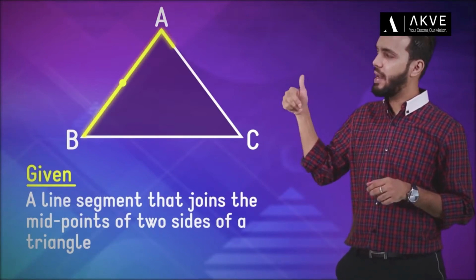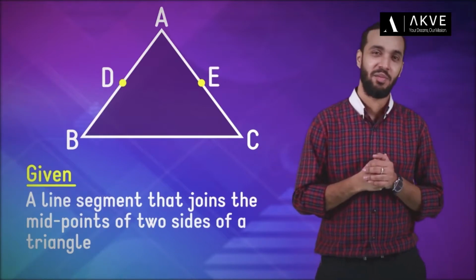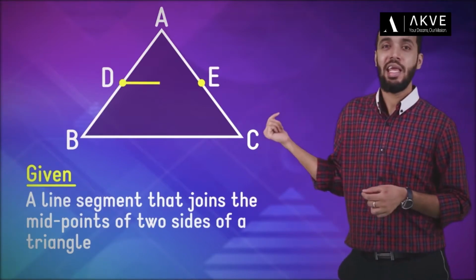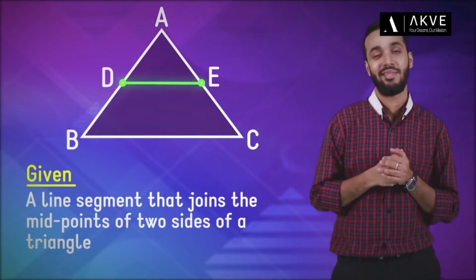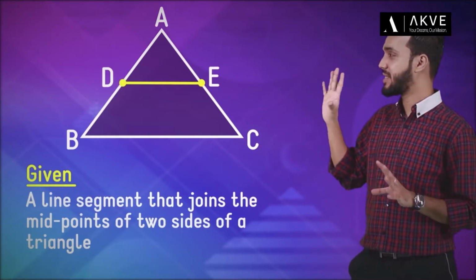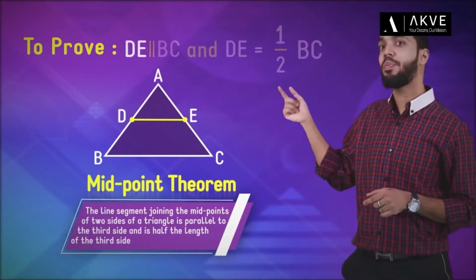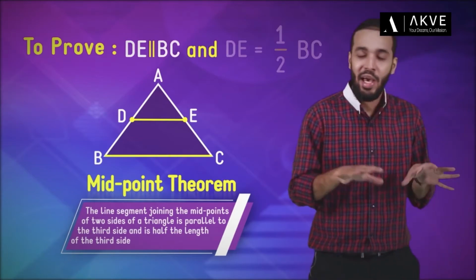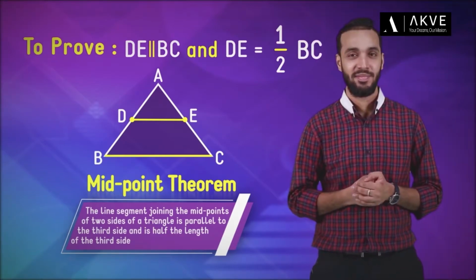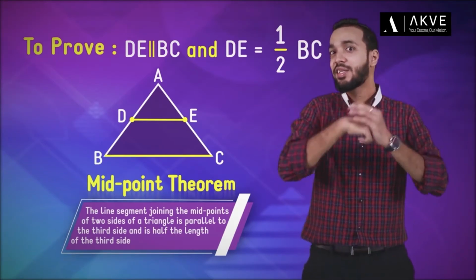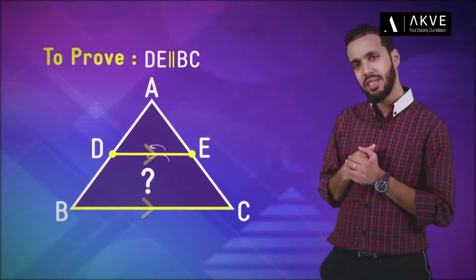Say AB and AC and name them D and E respectively. Now, on joining D and E, we get the required line segment, namely DE. The given part is illustrated successfully. We just need to prove that DE is parallel to the third side BC and also that it measures half the length of BC.